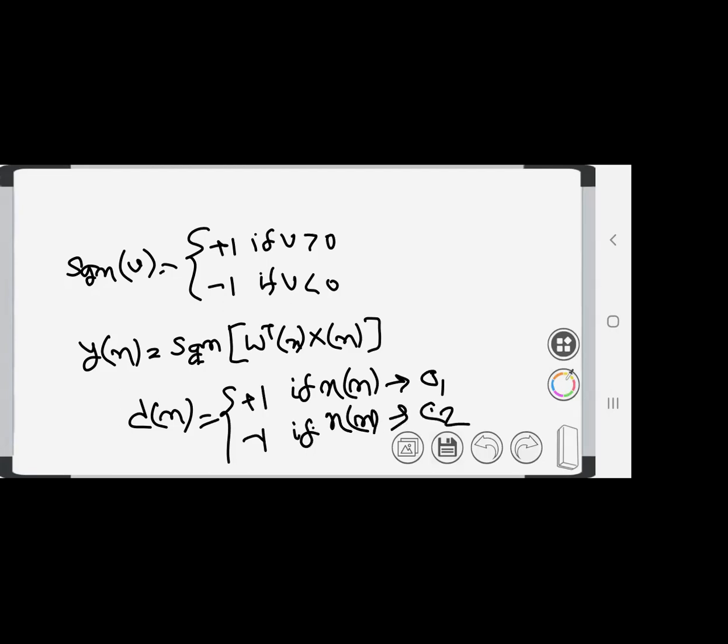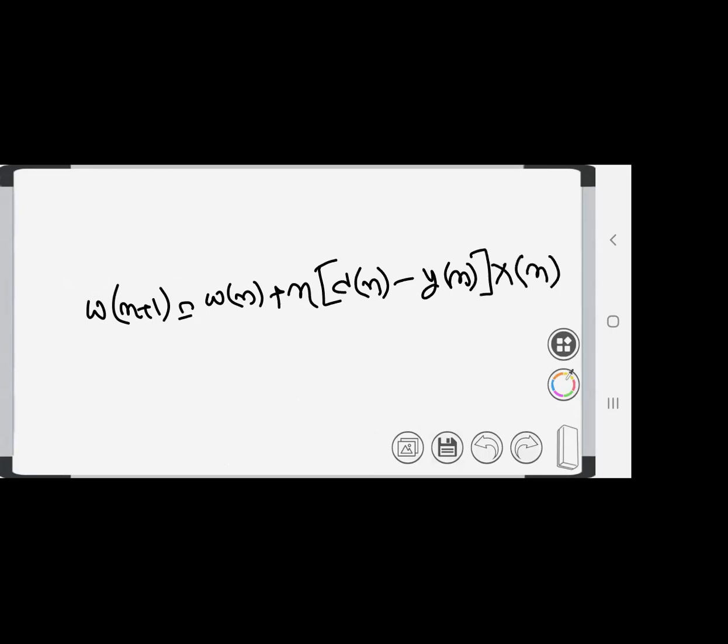Thus, the adaptation of the weight vector wn is summed up nicely in the form of an error correction rule, which can be written as wn plus 1 equals wn plus eta times the desired response minus the actual response, times xn. Here eta is the learning rate parameter, and this difference plays the role of an error signal.